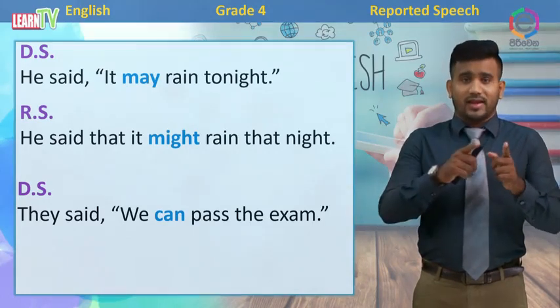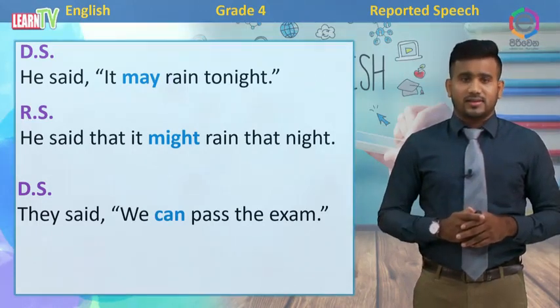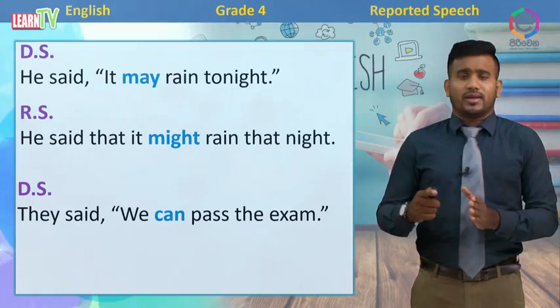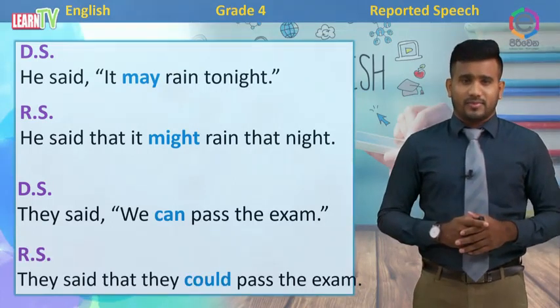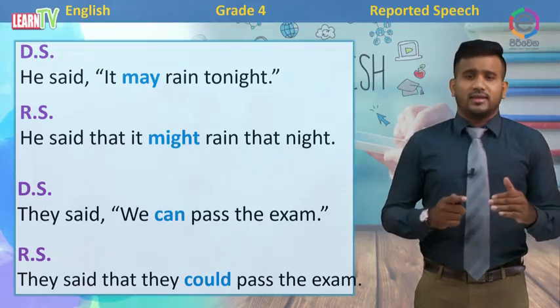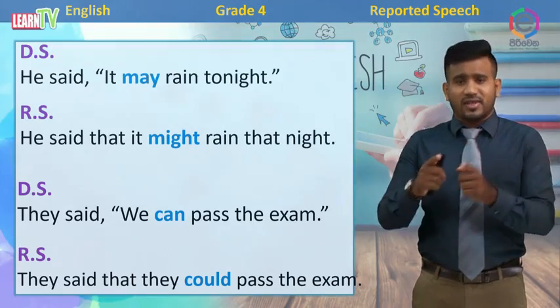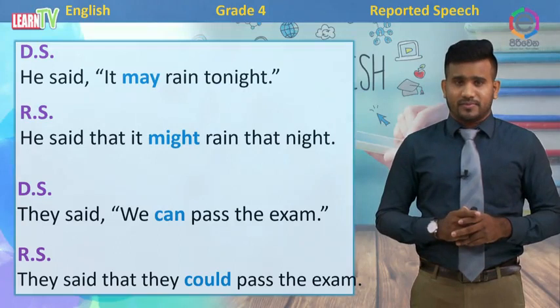The word may has been changed to might. Direct speech: They said, "We can pass the exam." In reported speech: they said that they could pass the exam. Now you can see the word can has been changed to could.